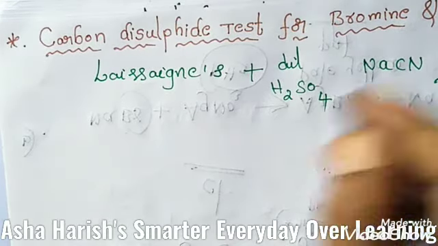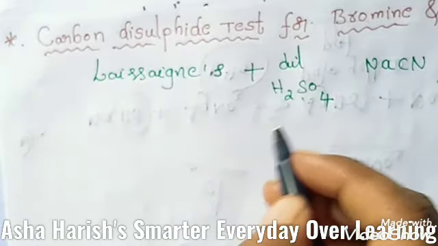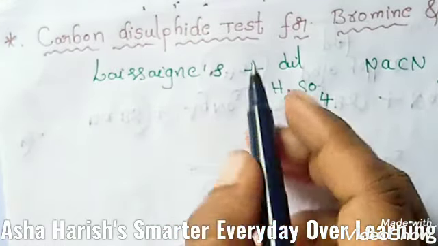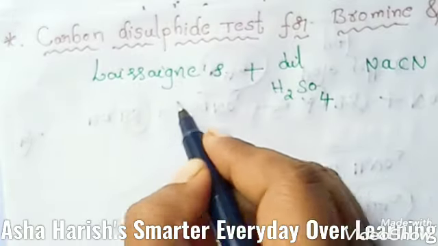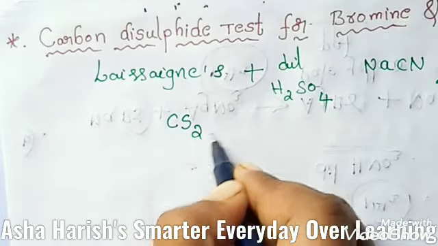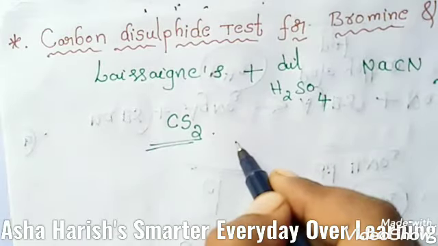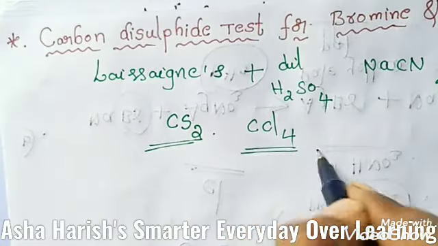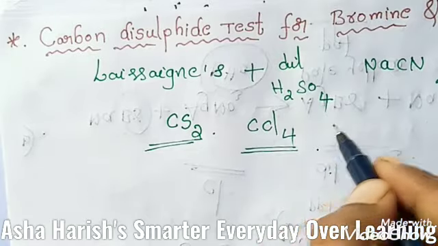The solution is then cooled, and freshly prepared chlorine water and carbon disulphide or carbon tetrachloride are added.